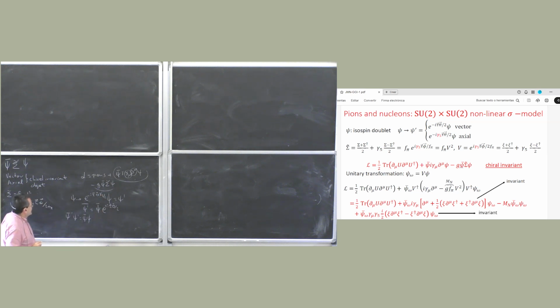If I have here a gamma 5, then what happens? If I do psi dagger prime, I take dagger here, it is psi dagger e to the I plus I tau theta gamma 5 over 2.